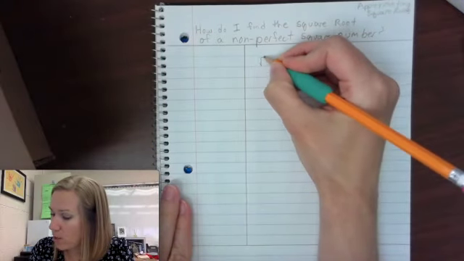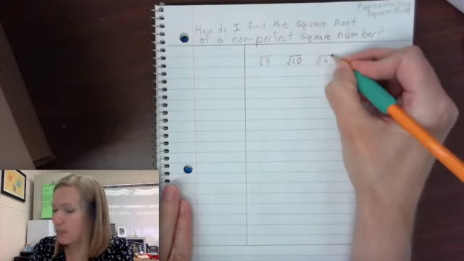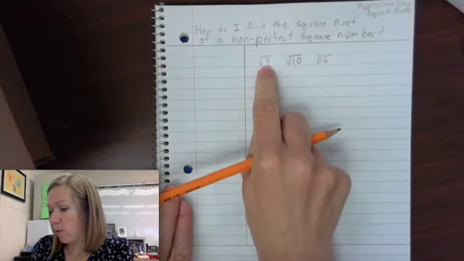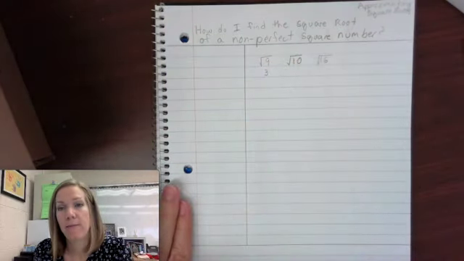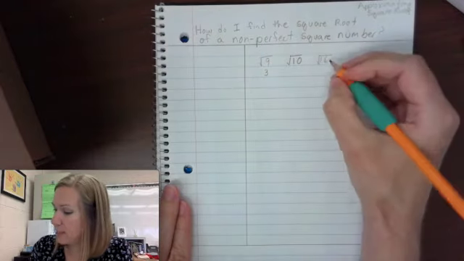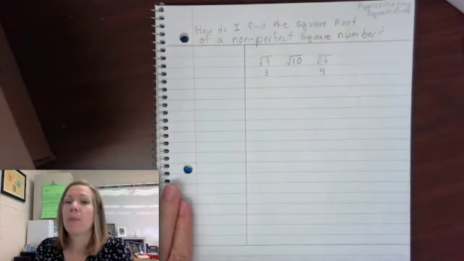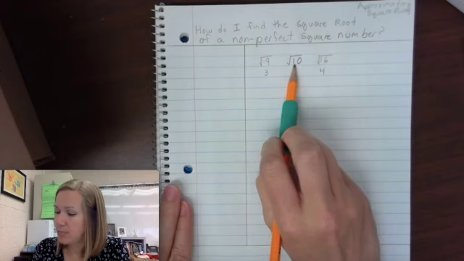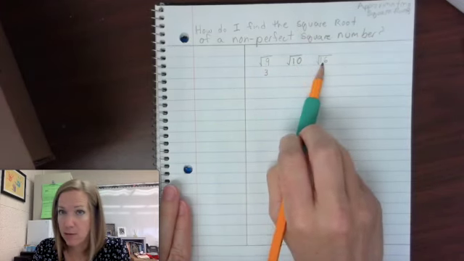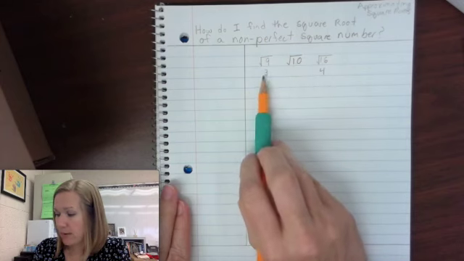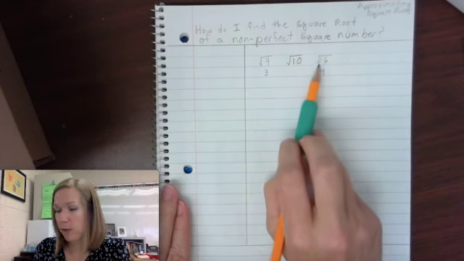Now, we know the square roots of both of these numbers. We know the square root of 9 is 3, and we know the square root of 16 is 4. And because the square root of 10 is between the square root of 9 and the square root of 16, we know that the square root of 10 has to fall between these two numbers.